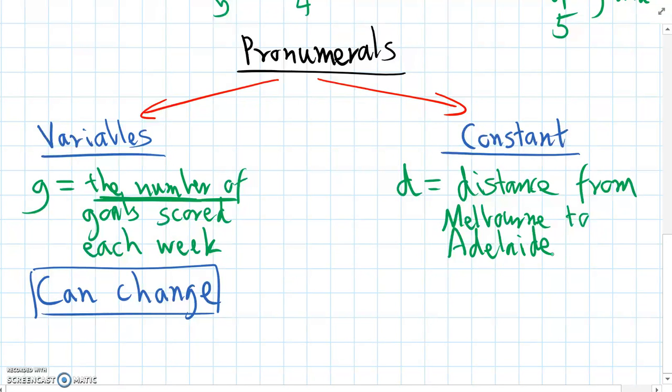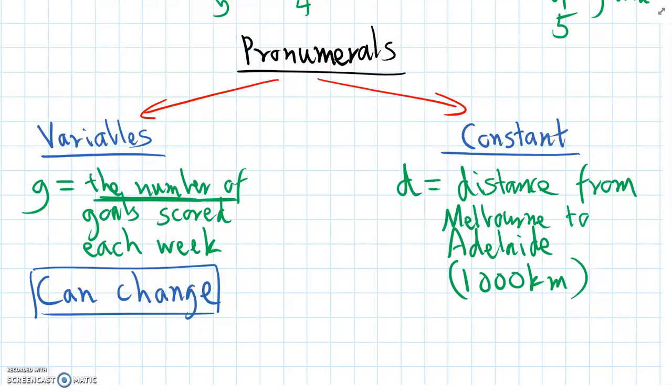That distance will never change. It's always a certain number, and I think it's about 1,000 kilometers. Maybe a bit more. But a constant is always the same.